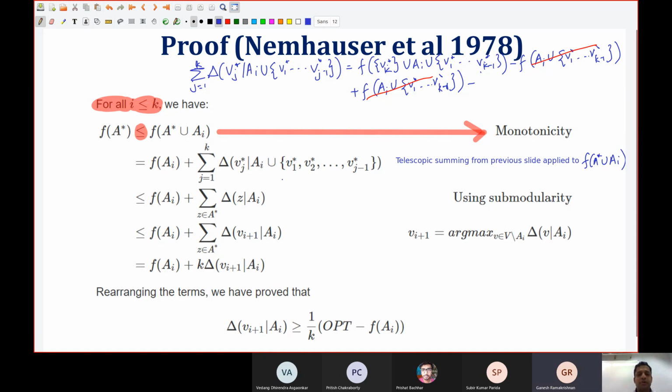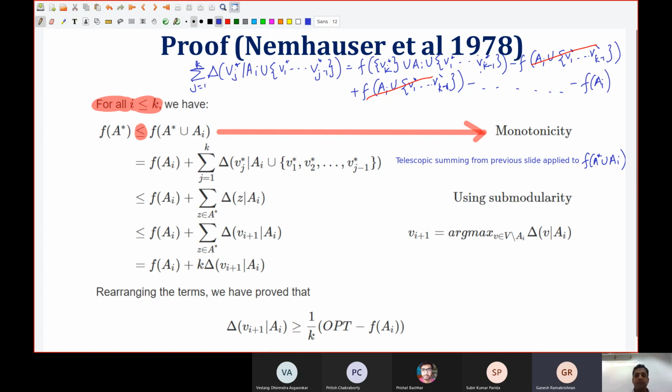Right? And j equals 1, what will we have? We'll have this, f of A. So the first term will be v1 star minus f of A_i. So just go on, minus f of A_i.